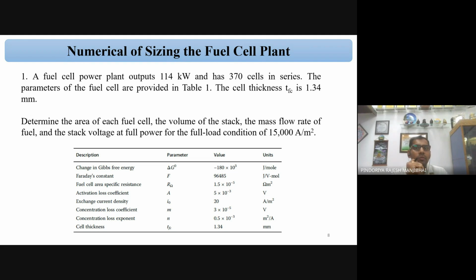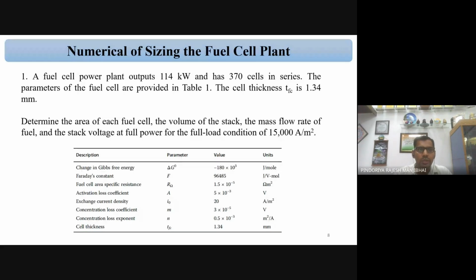There is a size of the fuel cell plant, correct? Based on those formulas, till now we discussed a total of 6 formulas, so based on those we can do one example. You will get the idea how we can decide the fuel cell size and other parameters.